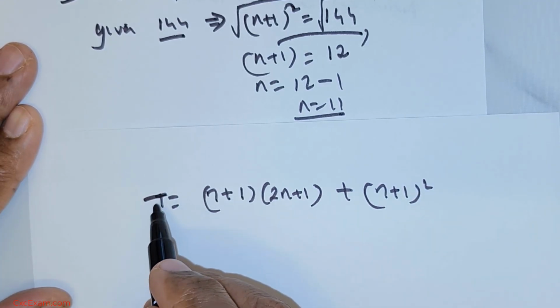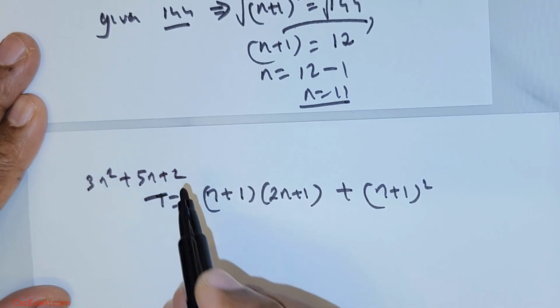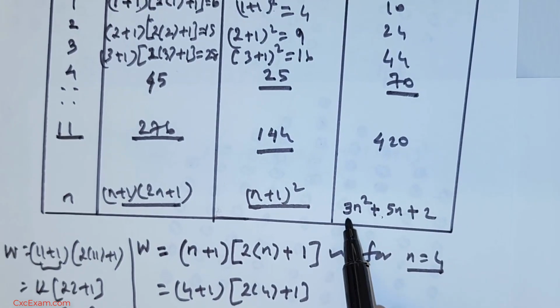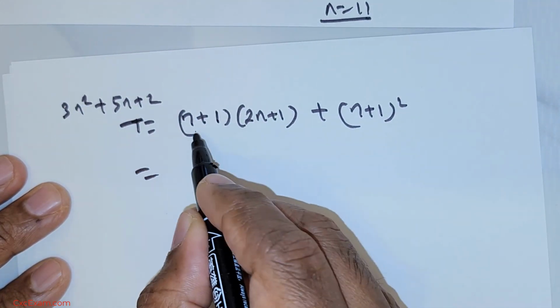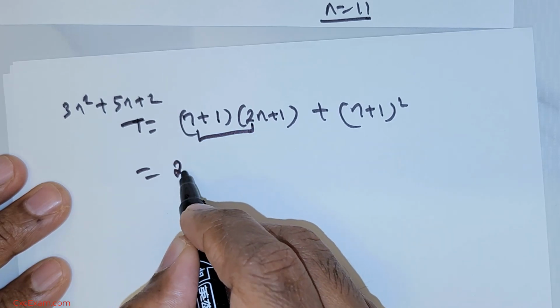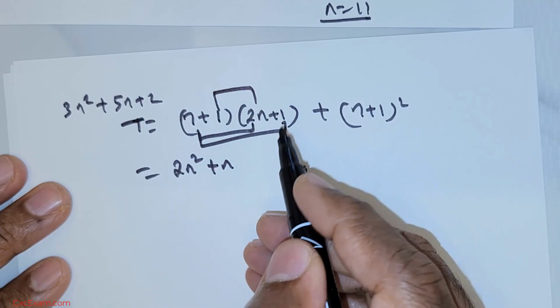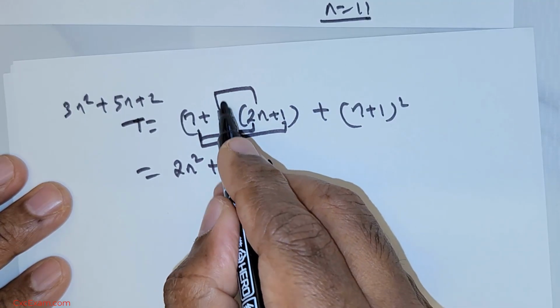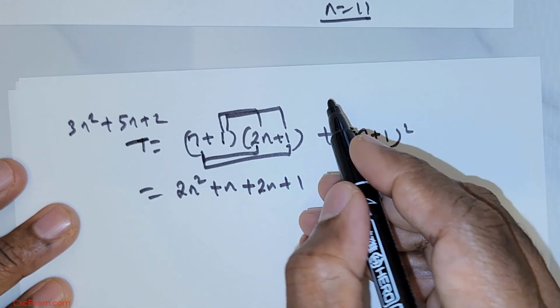So this t is given as 3n squared + 5n + 2. Okay, so we need to produce that. So how are we going to produce it? n into 2n is 2n squared, n into 1 is n, 1 into 2n is 2n, 1 into 1 is 1.